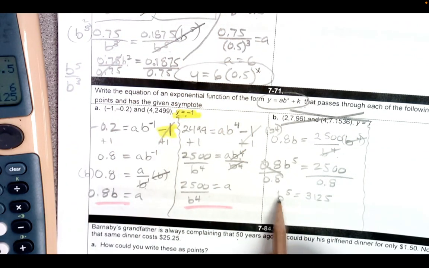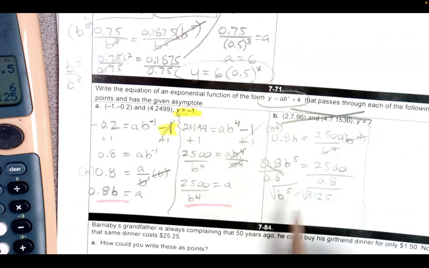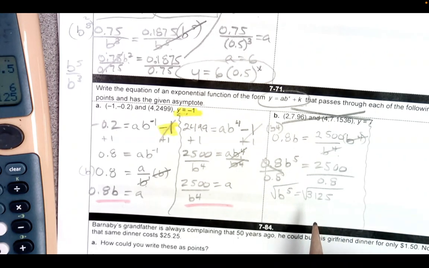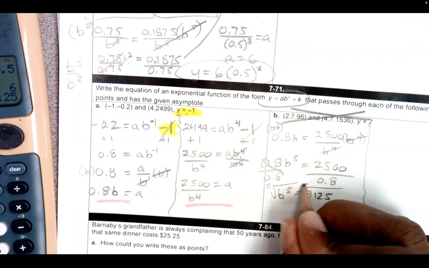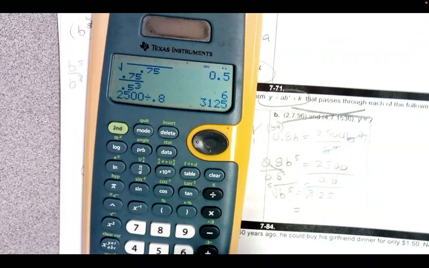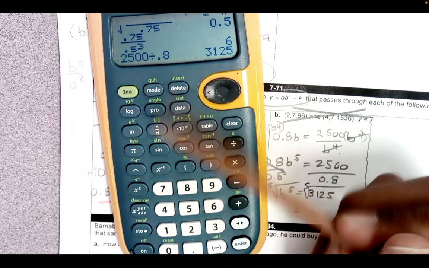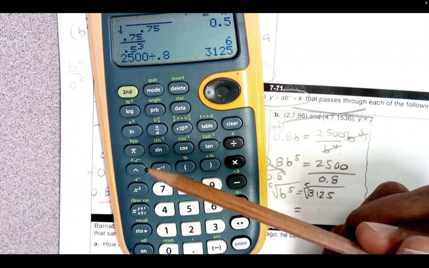And what do I do to both sides to get b by itself here? Not a square root, but a what kind of radical? Yeah, a 5th root. Do you guys know how to do a 5th root, or anything other than a square root, in here? Which one do I type for something that's different than square root?